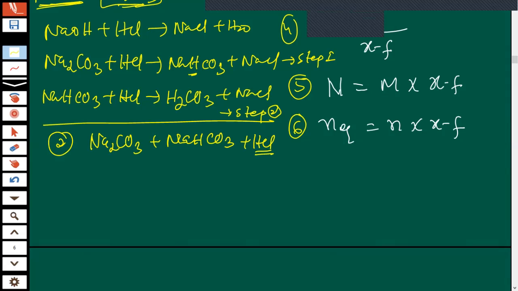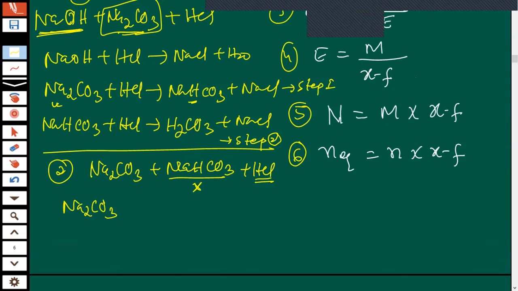Na2CO3 will react first. NaHCO3 will not react first, because Na2CO3, you know very well, reacts with HCl and gives NaHCO3. So NaHCO3 will wait until this compound converts into NaHCO3.